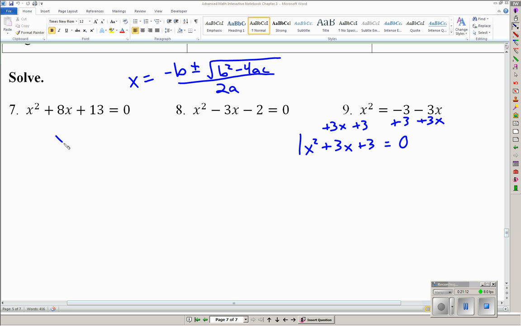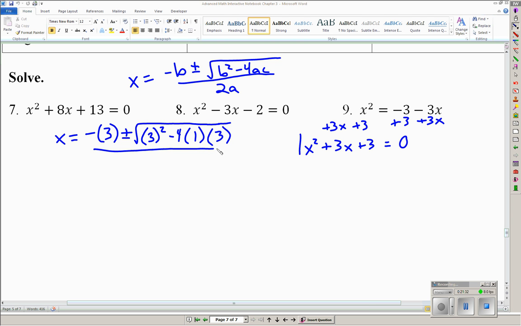So let me make some room and I'll work this over here. X equals negative b, and b is 3, plus or minus the square root of b squared, b is 3, minus 4 times a is 1 times c is 3, all over 2a, and a is 1.